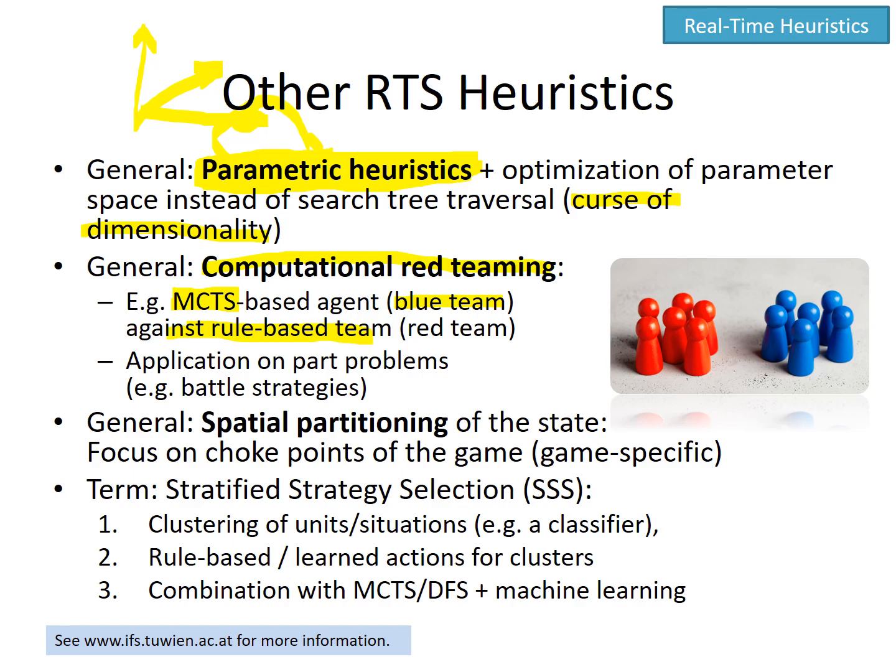You can also do that in the present lab course if you go for the Empire game by pitting your agent against the simple Empire agent, which is a rule-based agent and works quite well, and therefore serves well as a red team in the scenario of the Empire game.